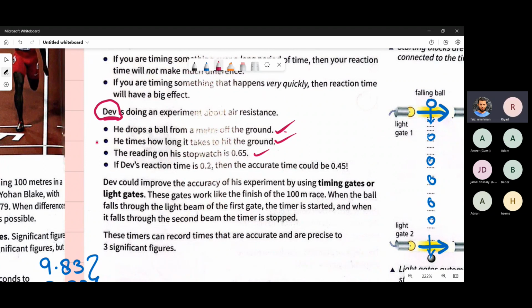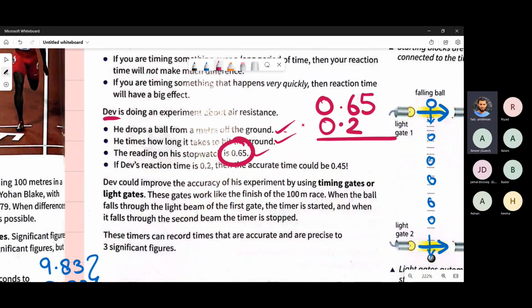Why? Because he's a human. He took some reaction time. So he got how much time? 0.65. But 0.65 contains an error, an extra additional time of 0.2 reaction time. So if you subtract this, what are you going to get? 0.45.